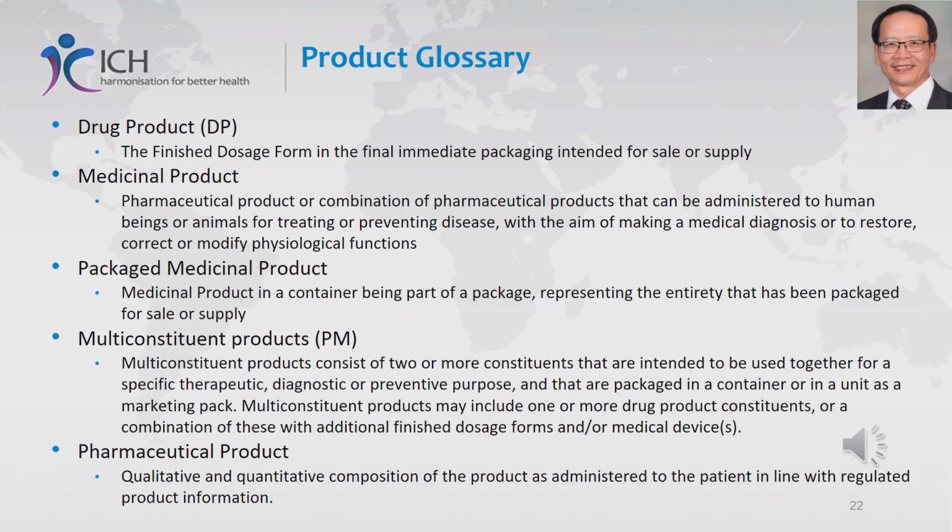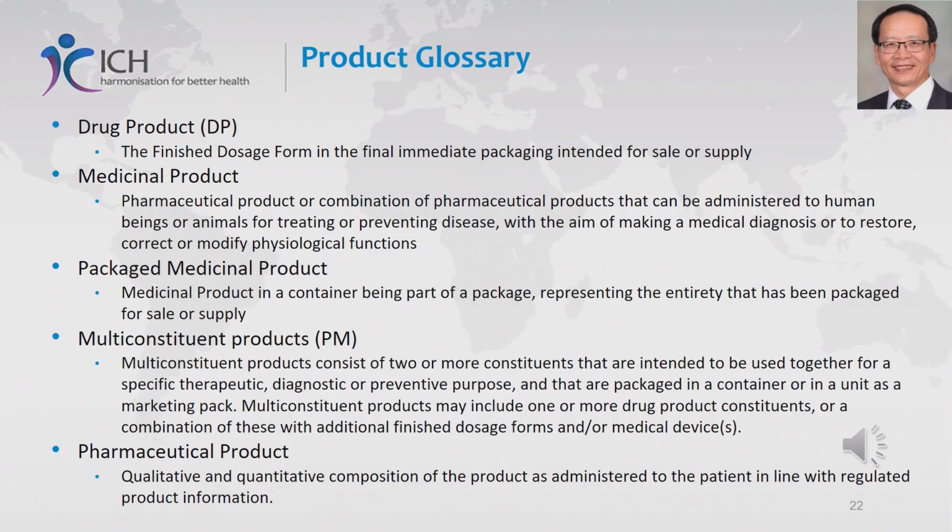Drug product refers to the finished dosage form in its final immediate packaging. In other words, the form of medicine intended to be sold or supplied to patients. Medicinal product: for some regions, some countries, like in North America, this is a new term, a broad term that covers a pharmaceutical product or combination product that can be administered to humans or animals.